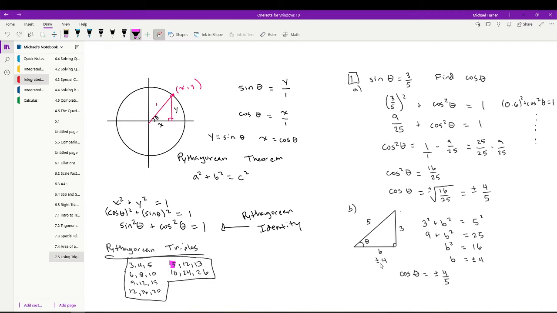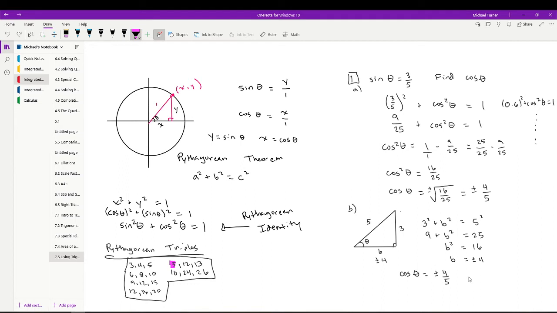So then I'll fill that in. Okay, there's my missing side. Now my cosine, adjacent over hypotenuse, is 4 over 5. So you can always do it both ways if the fraction is simple enough, 3 over 5, something like that.